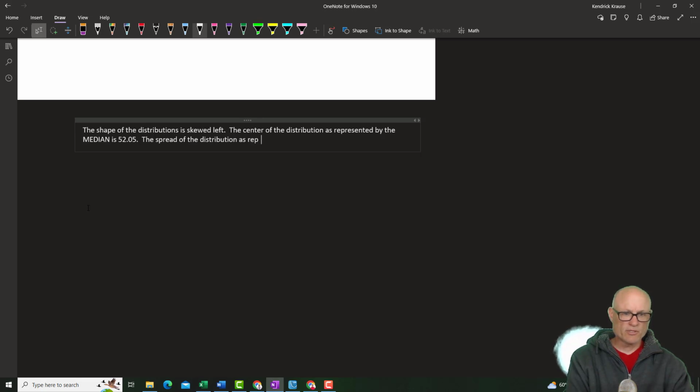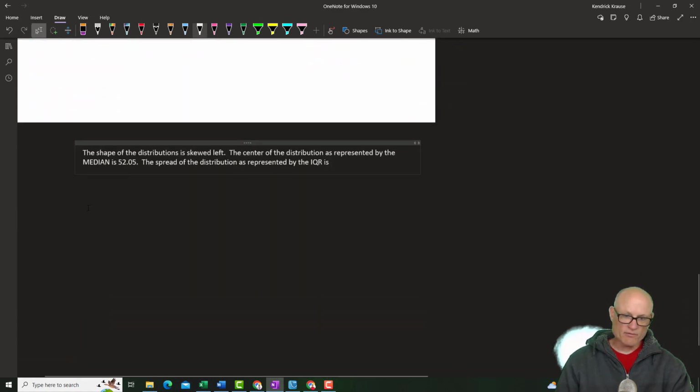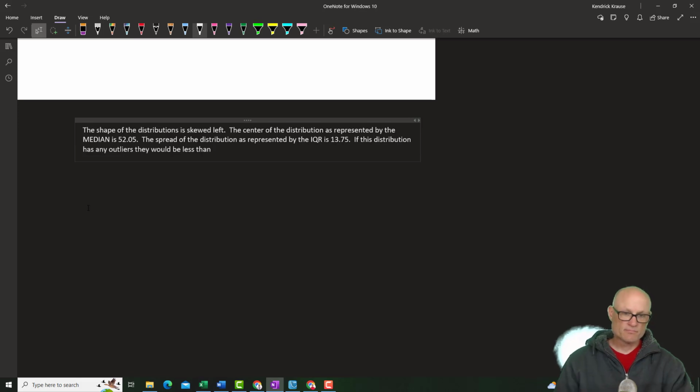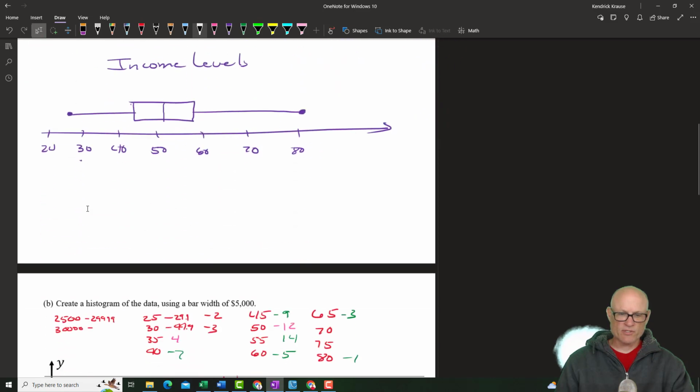The spread as represented by the IQR is 13.75. If this distribution has any outliers, they would be less than 23.6 and greater than 78.63.